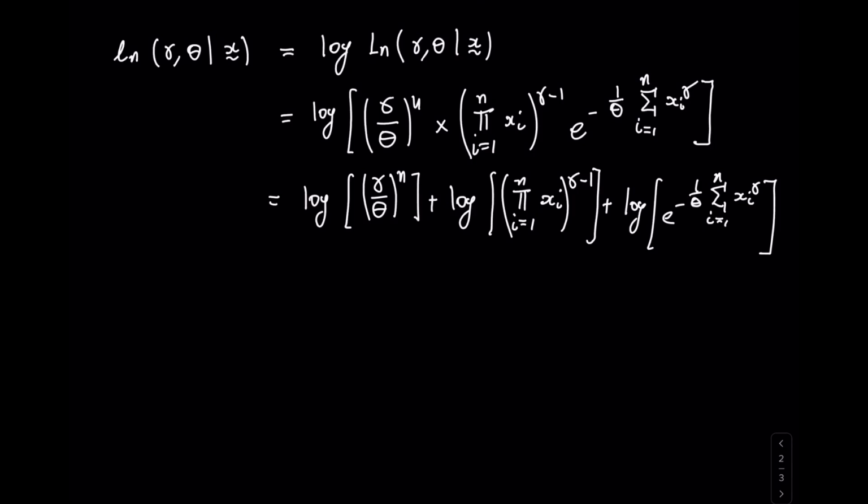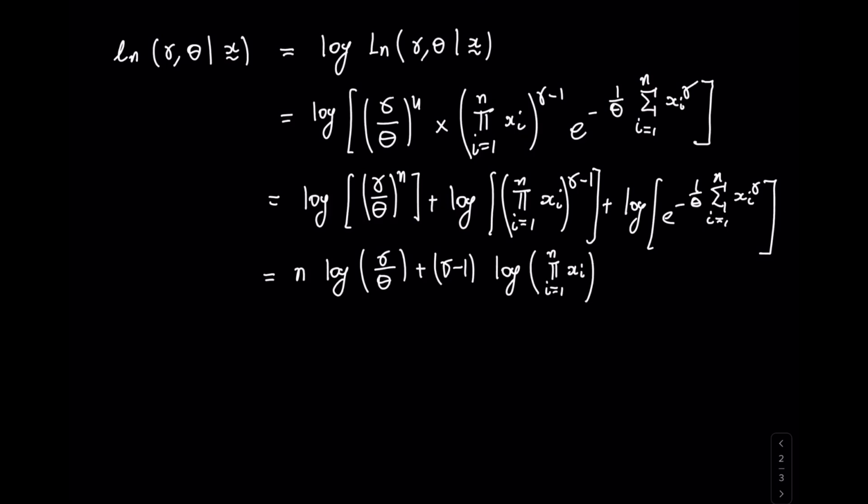Now, again, properties of logs. When you have a power inside the log, the power can come out the front. So that gives you n log gamma on theta. Similarly, we have a power here, so that can come out the front of the log. So that gives us plus gamma minus 1 in brackets, log of the product of i equals 1 to n of xi.